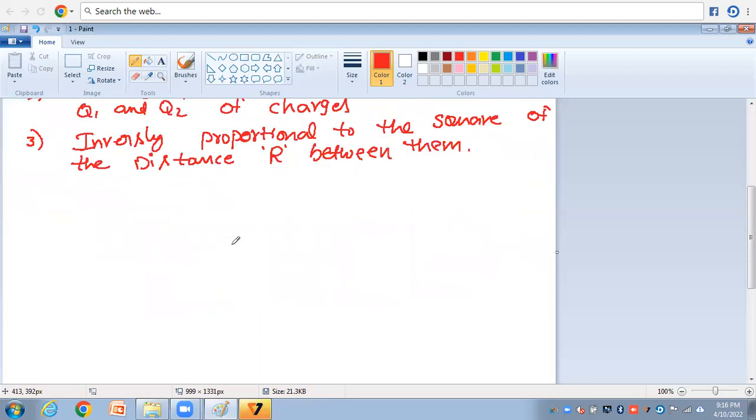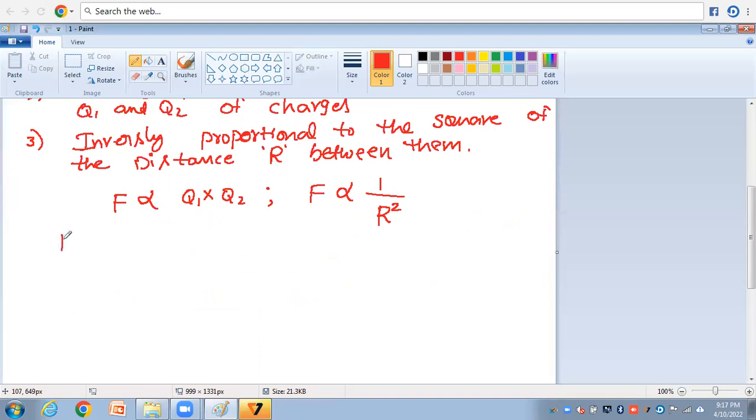Now, I will express it in mathematical form one by one. First, force is directly proportional to the product of two charges Q1 and Q2. The second expression is F inversely proportional to the square of the distance, that is 1 by R square.